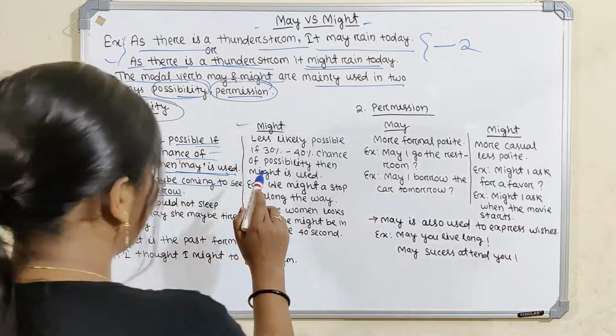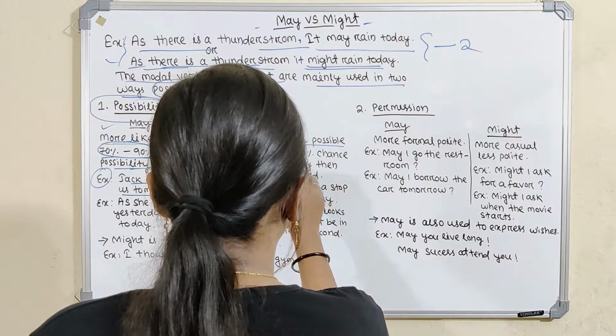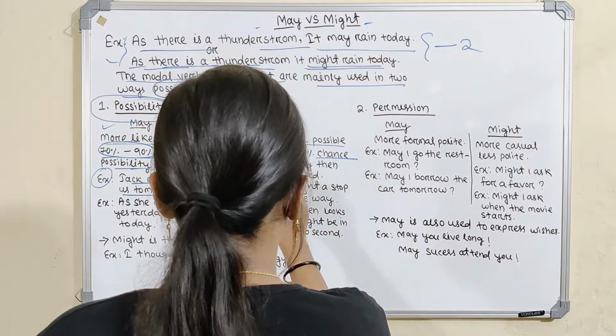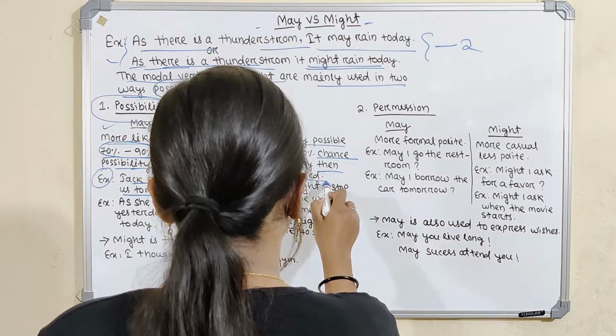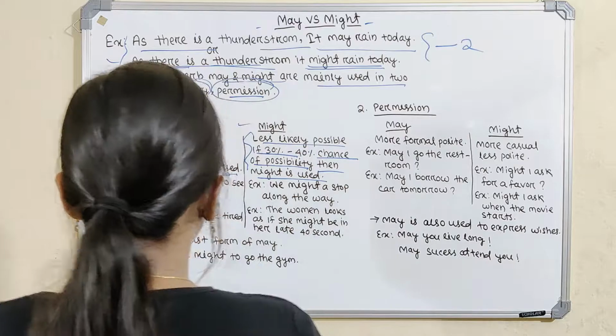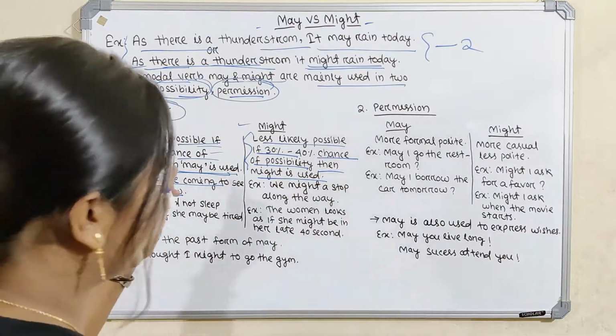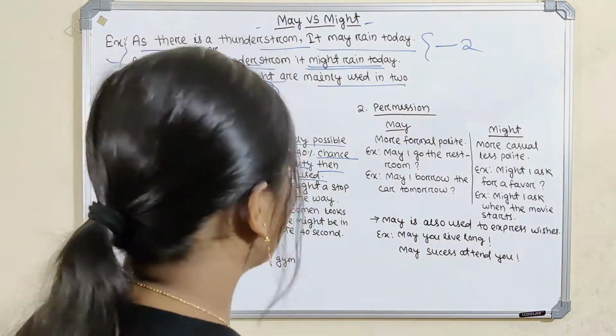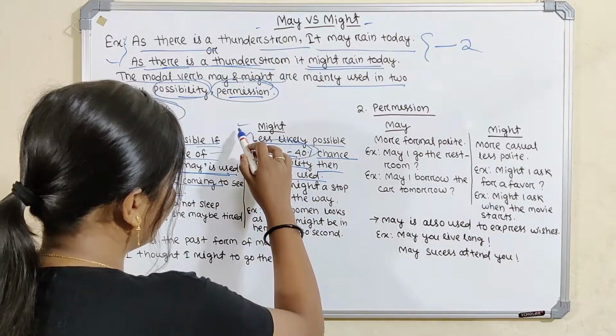But in the case of might, it is a less likely possibility. If there is a 30 to 40% chance of possibility, then might is used. It means that if there is more possibility, may is used, and if there is less possibility, might is used.